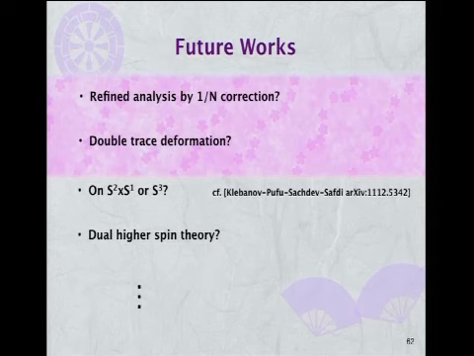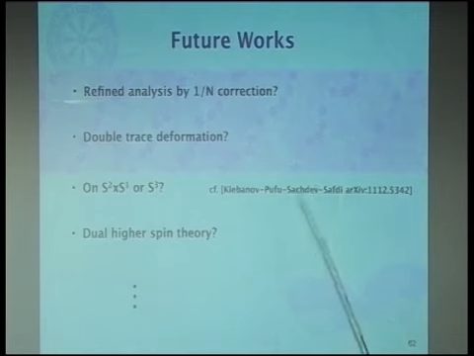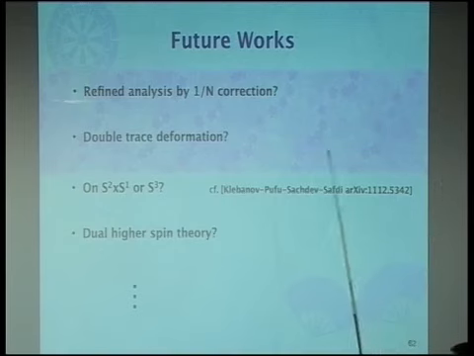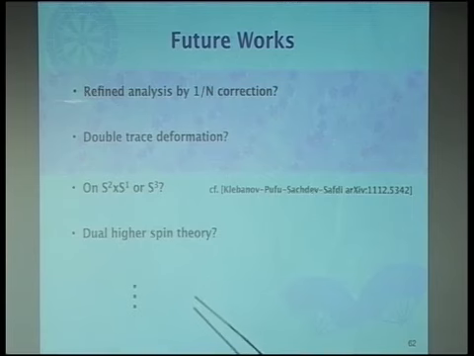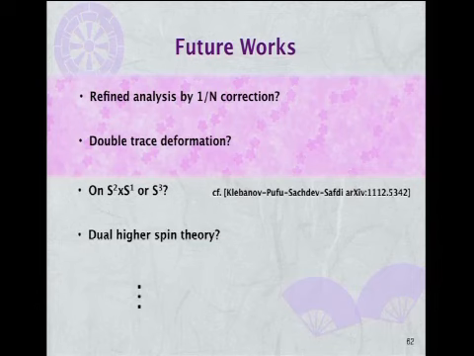Or you can change the manifold to some curved space, S2 times S1 or S3, which was studied by this author recently with a different method, taking the large spin limit. We can also construct the dual higher spin theory, which is another task.